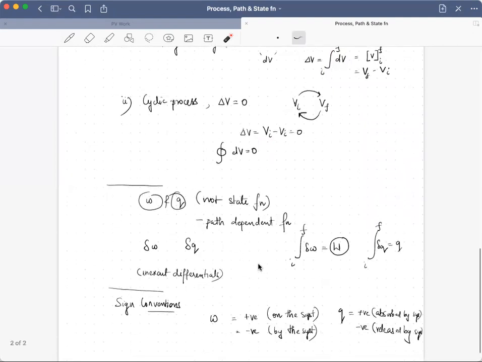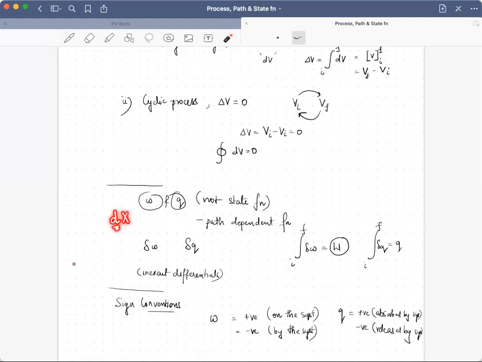Now here, I would also like to include another type of variables that we come across in thermodynamics, and that is work and heat. So we know W represents work and Q represents heat. These variables, work and heat, are not state functions. When I say they are not state functions, that means they are dependent on the path that is followed. So such functions are not represented using the regular differential symbol like d.